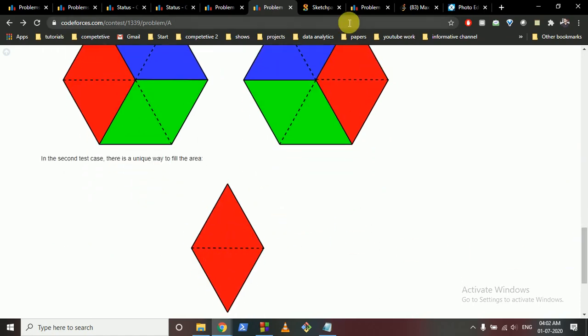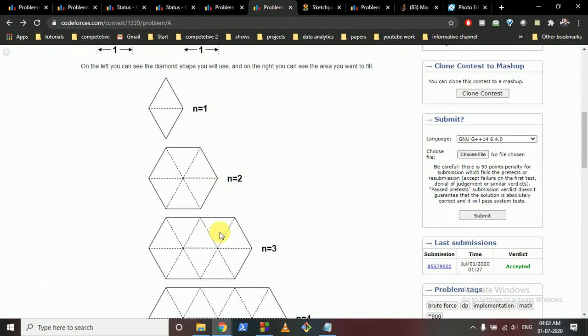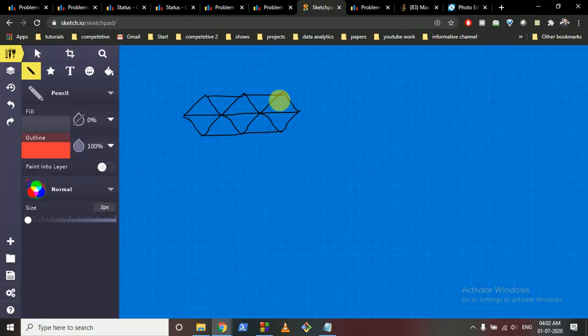If you draw this out more, then for the third case, sorry for my poor drawing, this is the third case. So this is the diamond. As we have seen, you can either take the first diamond as a whole, or you cannot. If you take the first diamond as a whole, I am just covering it.